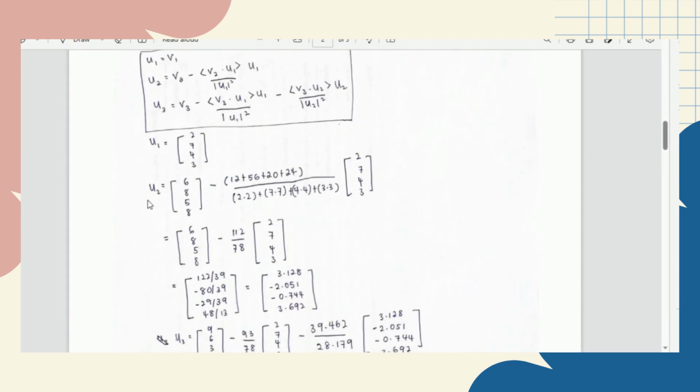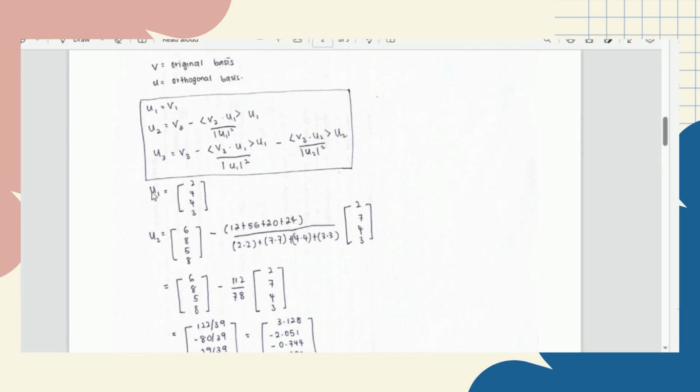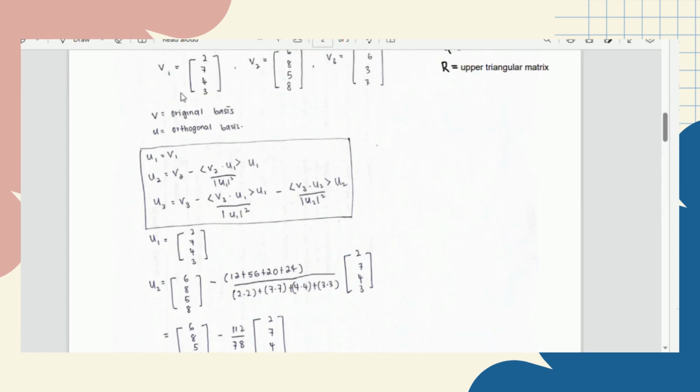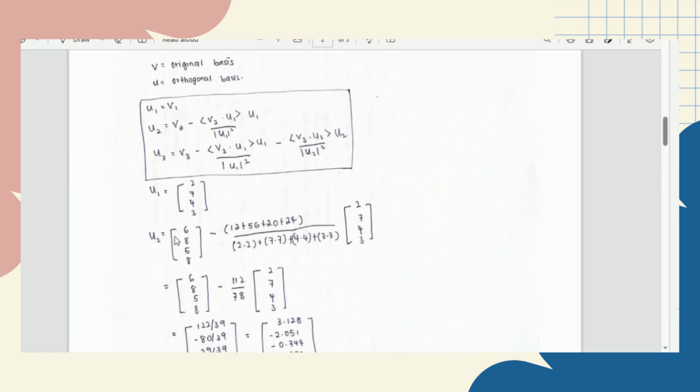Okay, let's compute U1, U2 and U3. U1 is equal to V1, so I just take the original basis here. For U2, I will take V2 minus V2 multiplied by U1, divided by U1 squared, and I will multiply with U1, and then I will get this answer.